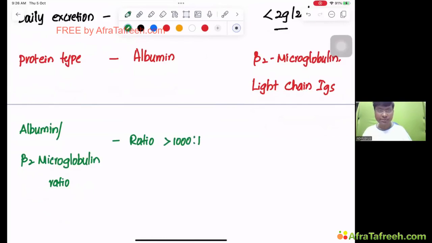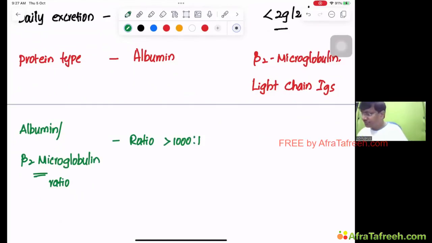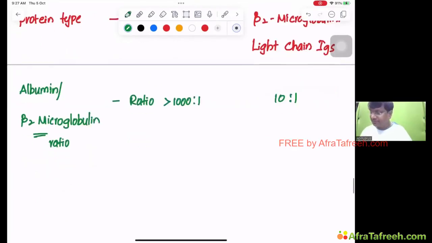Whereas in tubular proteinuria, the ratio is reduced. Why? Because beta 2 microglobulin is excreted in excess quantity, so here the ratio is around 10:1. Then, in which form of proteinuria do you have the presence of Tamm-Horsfall protein?